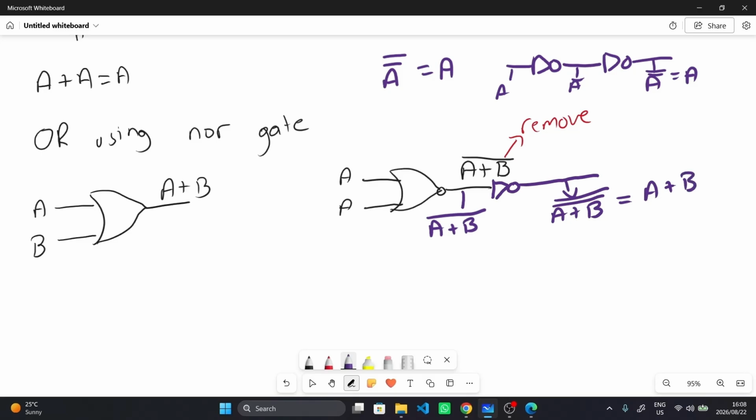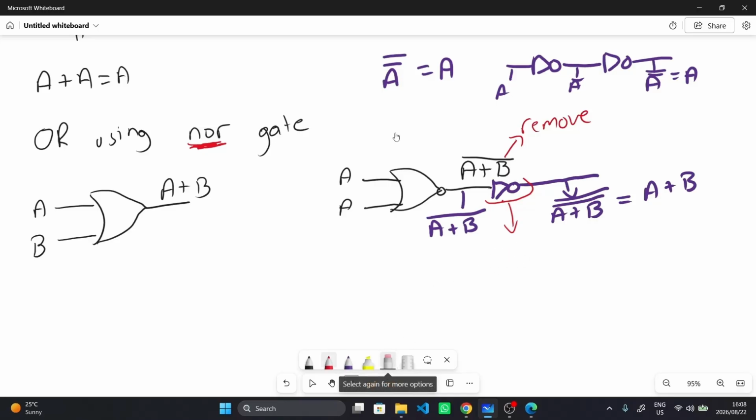Correct. Now we already got that A plus B, but we only want to use the NOR gate here, right? So we can change this NOT gate using a NOR gate.